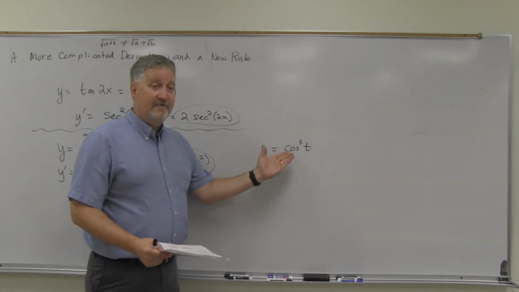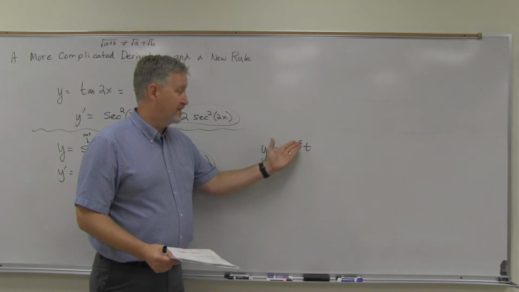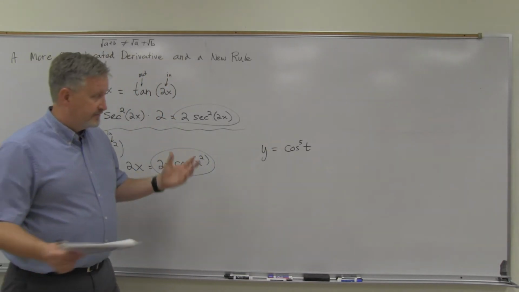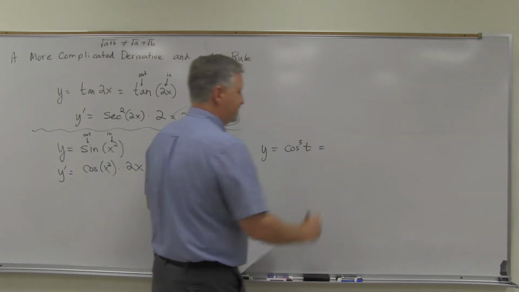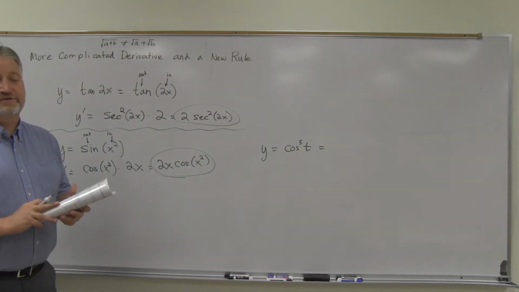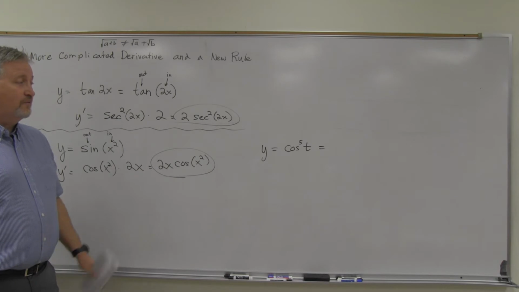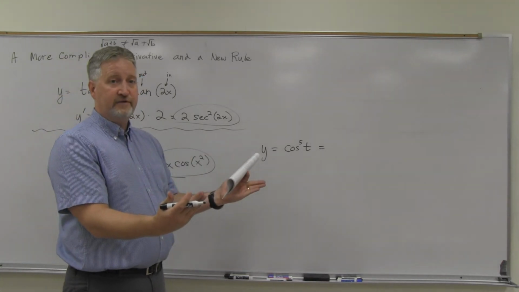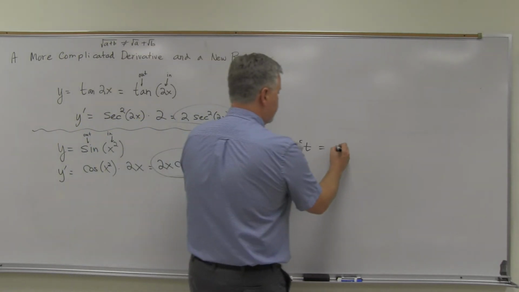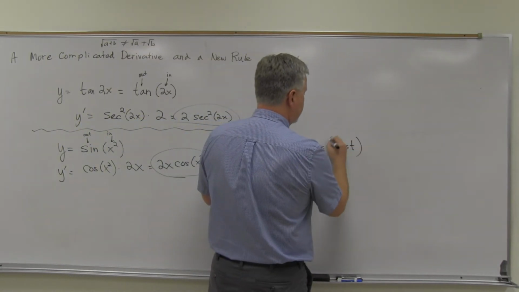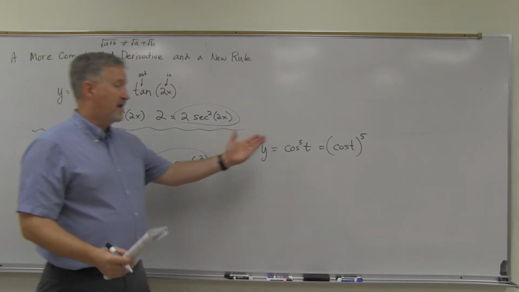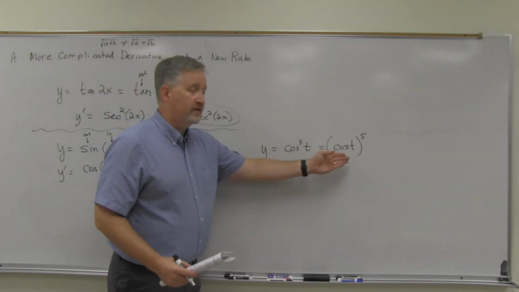This is a nice way to write this function, cosine to the 5th t, but it's more helpful to write it out descriptively here with parentheses. Cosine to the 5th t, what does that mean? That means I want the 5th power of cosine of t. So in other words, I want cosine of t to the 5th power. This is just a nice way of writing it. But that's what it means.